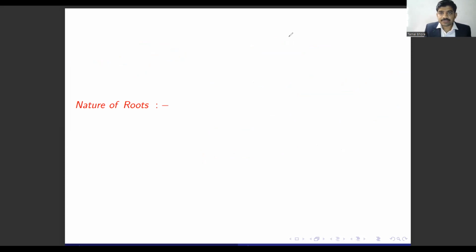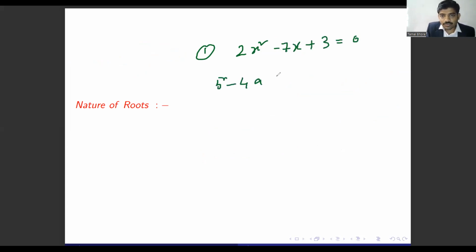So let's take examples one by one and see the cases. For the first case, take this example: 2x squared minus 7x plus 3 is equal to 0. Now, if I take b square minus 4ac, what am I getting? B value is minus 7, so minus 7 square minus 4 times a value 2 and c value 3.